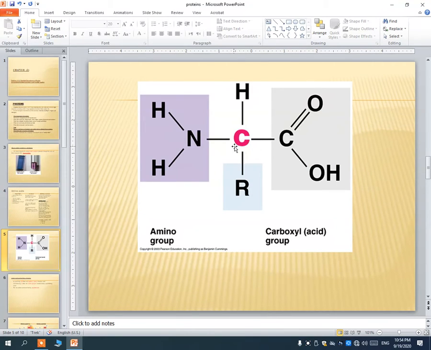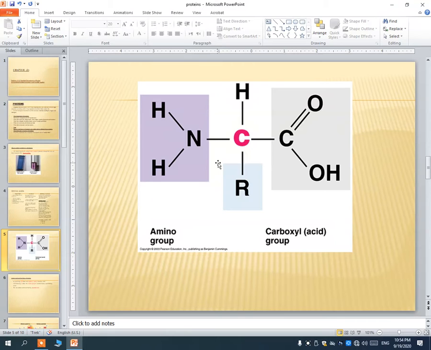An amino acid consists of a carbon atom in the middle, and around the carbon atom we have a hydrogen atom, and an alkyl group, which is R. R is the alkyl or terminal group, and it is different from one amino acid to another. We also have the carboxyl acid group and the amine group.